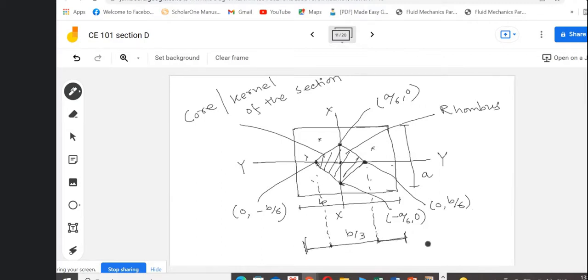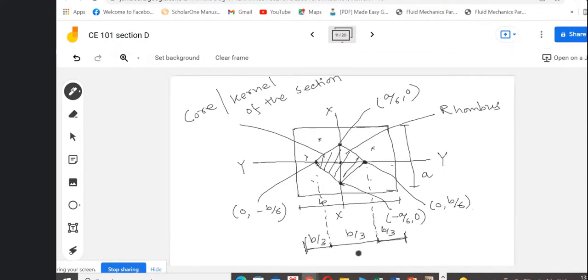This is total B. This portion is B/3, the middle portion. If the entire B is divided into 3 sections, one is B/3, what will happen for the other two parts? Will it not be B/3?